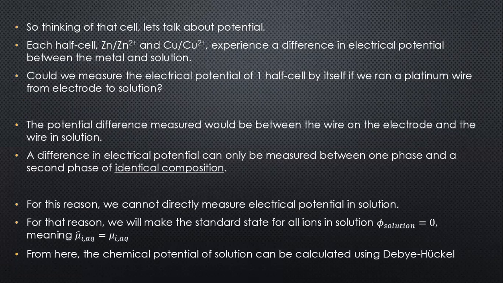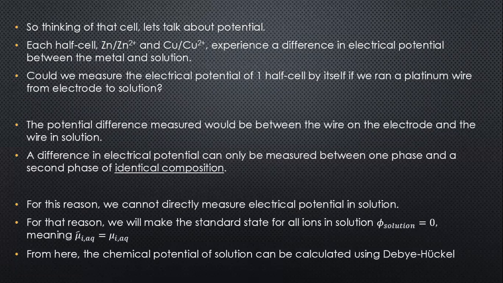Could we measure the potential difference between the wire and electrode and wire and solution from there? Now, the difference in the electrical potential can only be measured between one phase and a second phase of identical composition. So we can't quite measure it by putting a wire between those two. We can only really measure metal to metal.